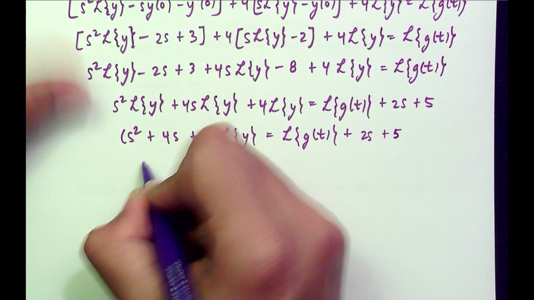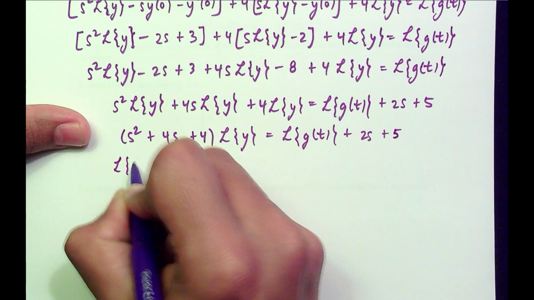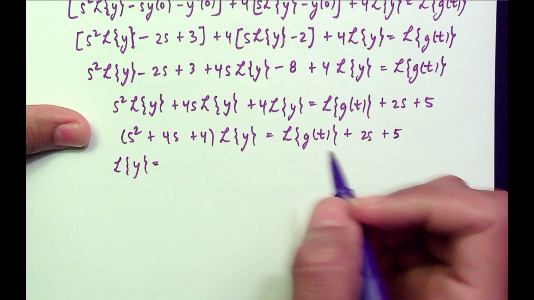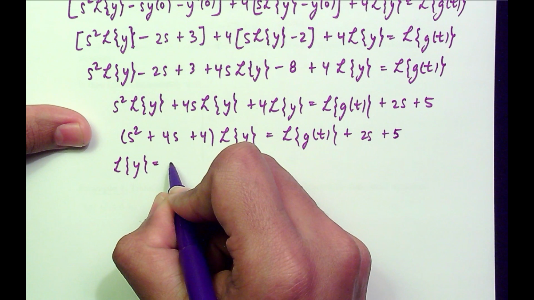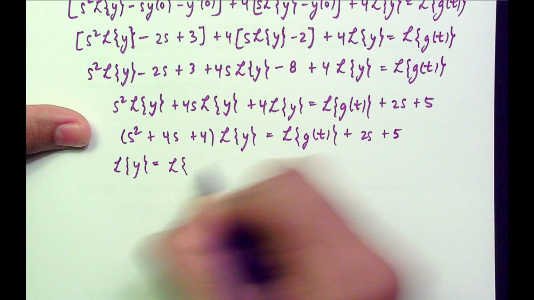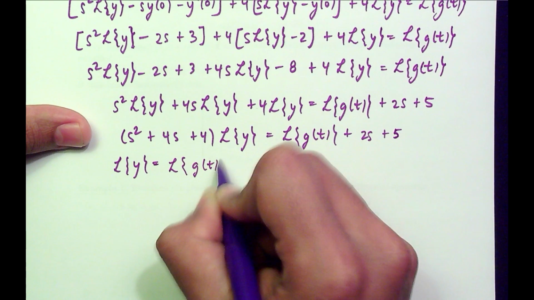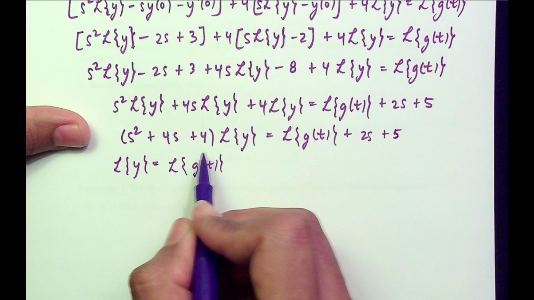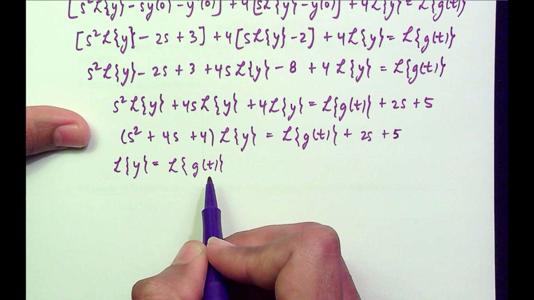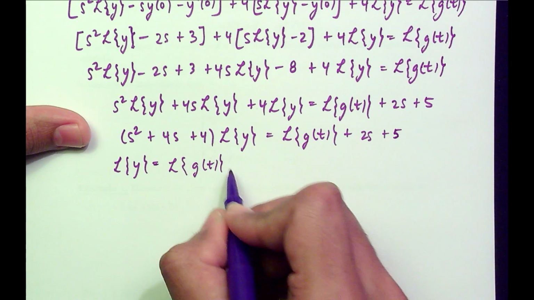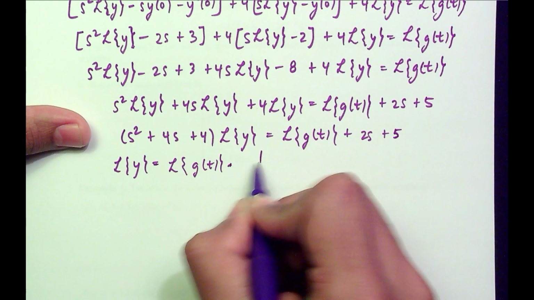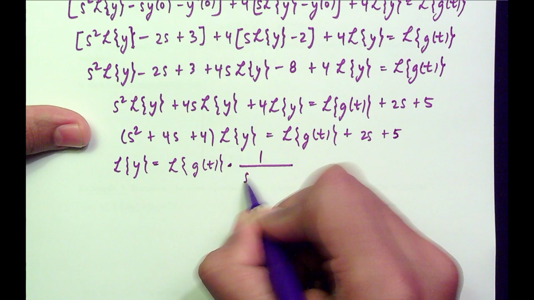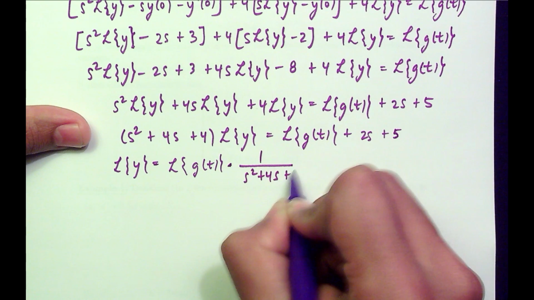So the Laplace transform of y equals the Laplace transform of g of t, and it's supposed to be over s squared plus 4s plus 4, but instead of writing all that over, I'm going to write it as a product, times 1 over s squared plus 4s plus 4.